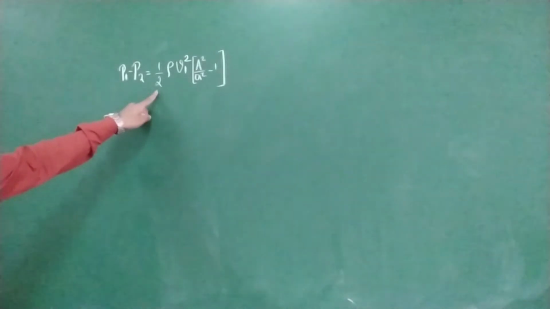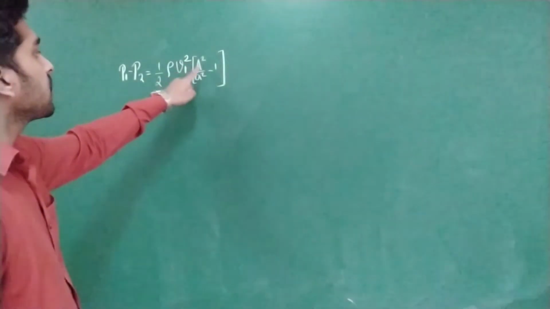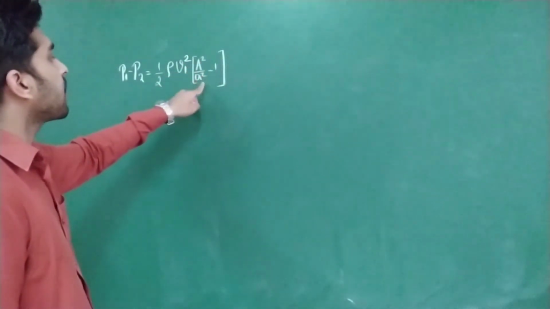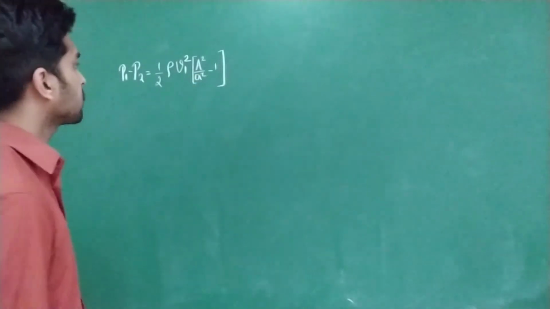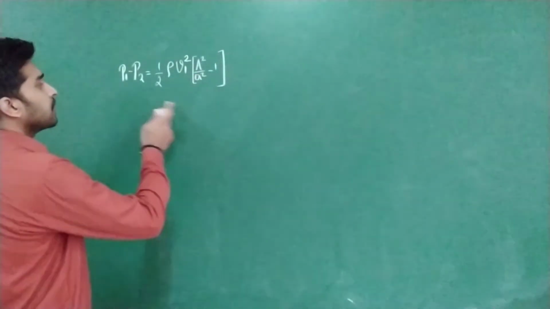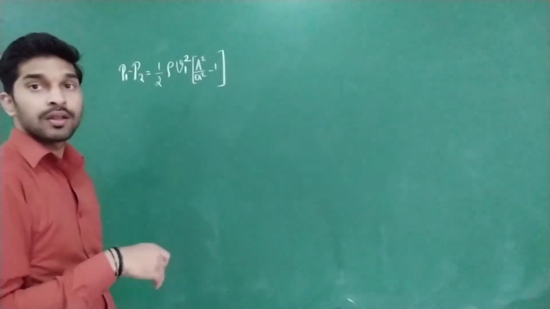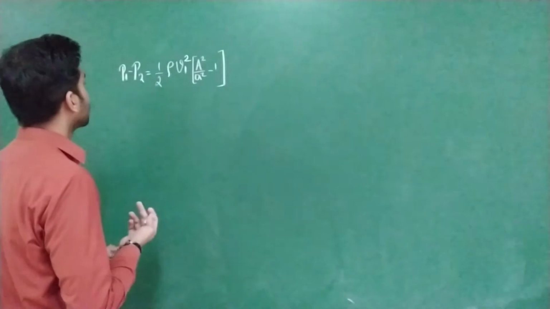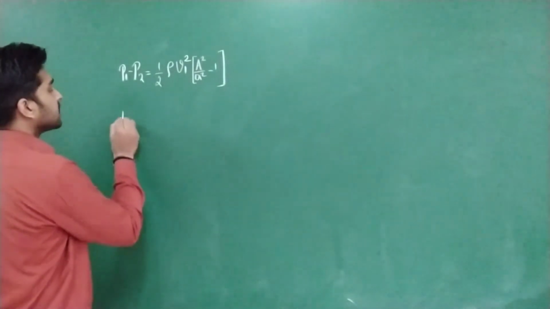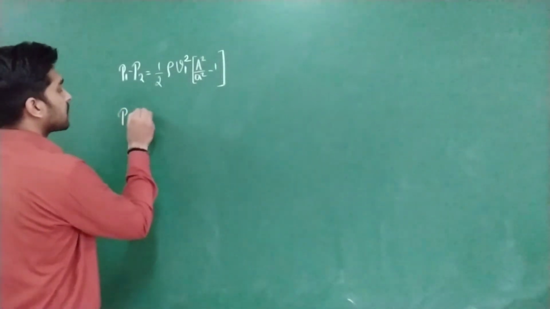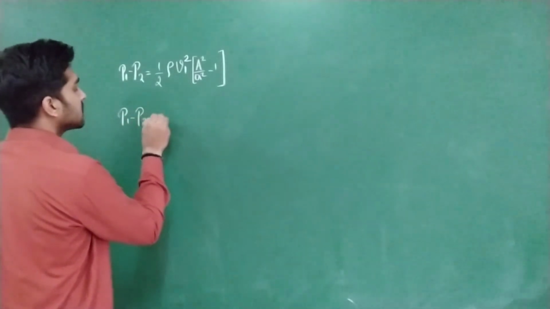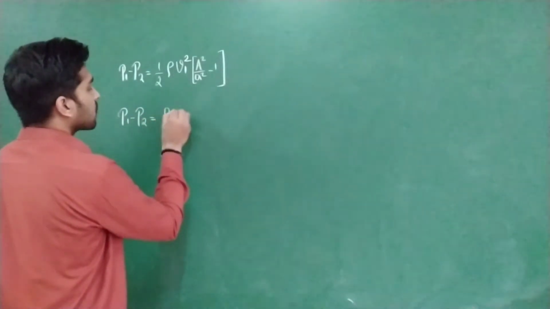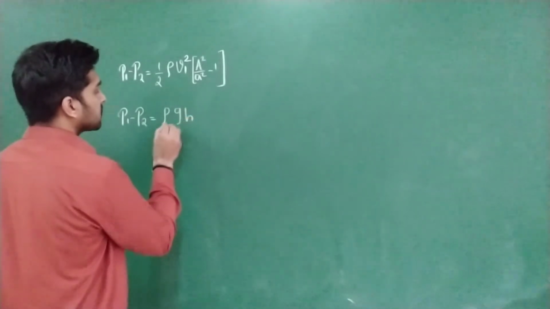Okay. So what we had arrived at: P1 minus P2 is equal to half rho V1 square into A square divided by small a square minus 1. Due to this pressure difference, the liquid in that U-tube will get shifted. At that point in the U-tube, if we calculate P1 minus P2, it is nothing but rho GH.